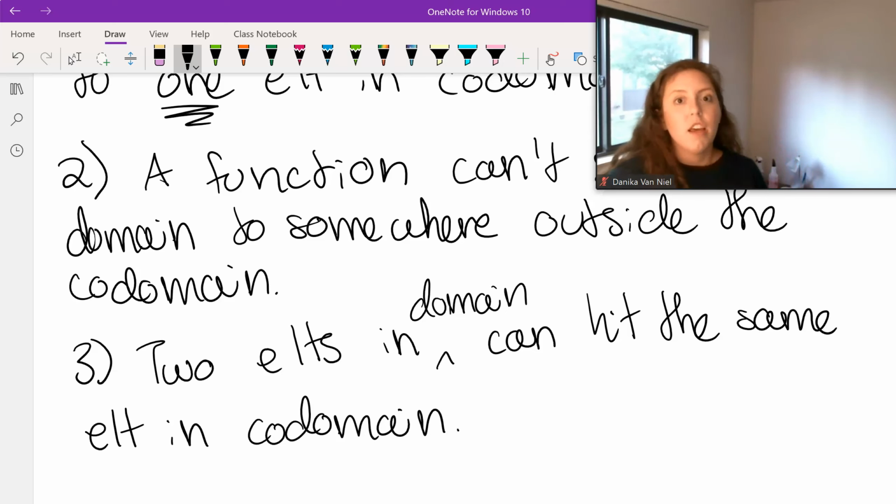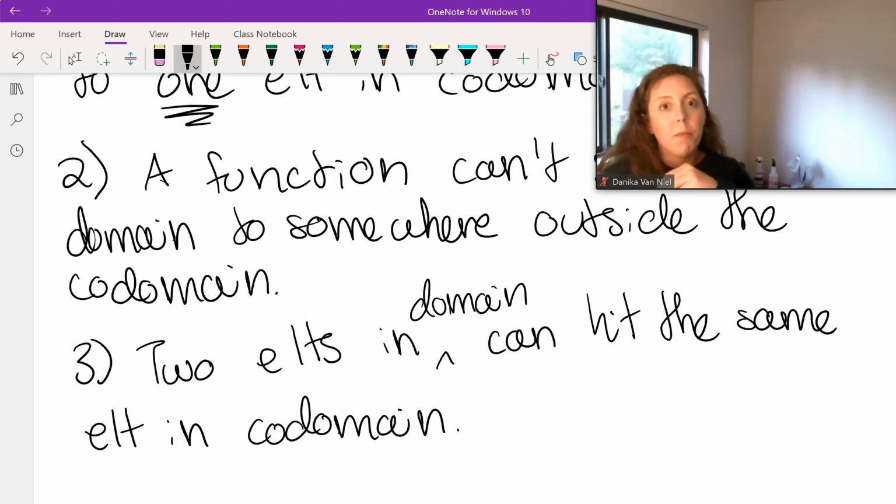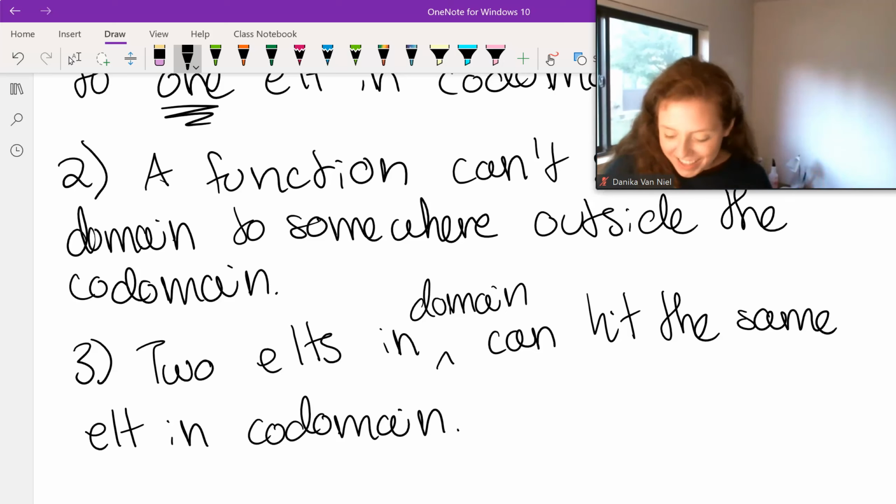So if one of the elements in the domain goes to that element in the codomain, then that element in the codomain is in the range. That's why I like the arrow analogy, because it really does follow through.